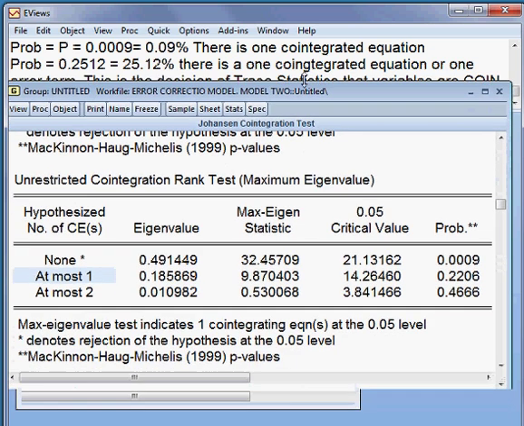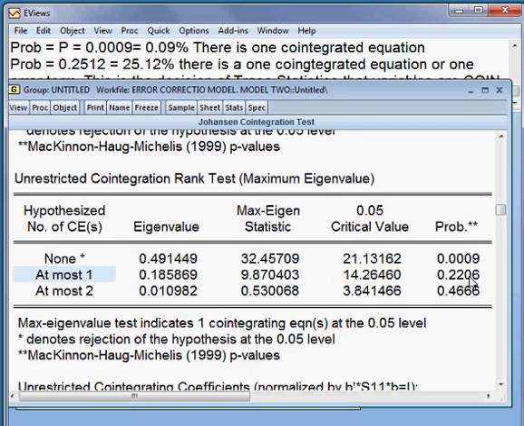Okay, then what about the second one? This one, the probability value is 22.06%, which is more than 5%, meaning that we cannot reject the null hypothesis. Rather, we accept the null hypothesis.